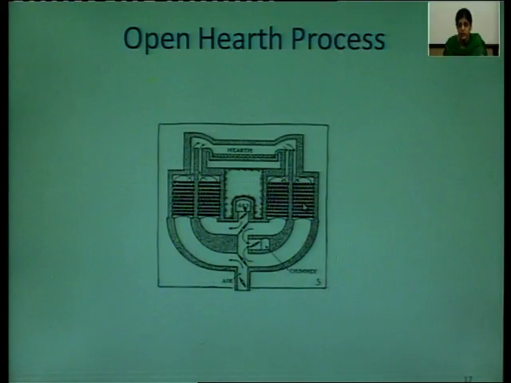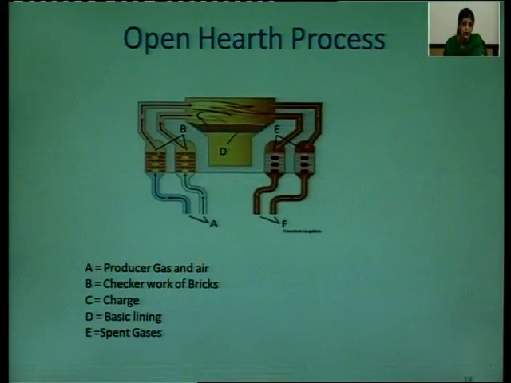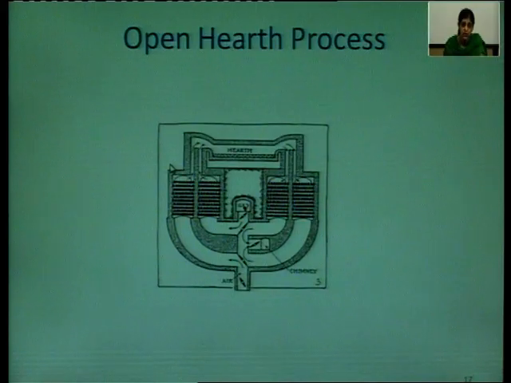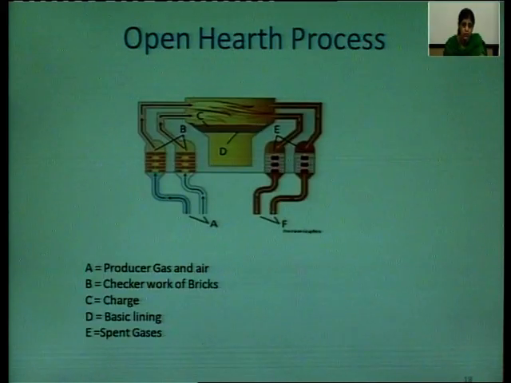I have another diagram also, I will show you. This is a colored one, a refined diagram. This is the checker work, the same checker work that you were seeing here. From point A, the producer gas and the air are entering inside. They are moving through these pipes. Here they are coming.